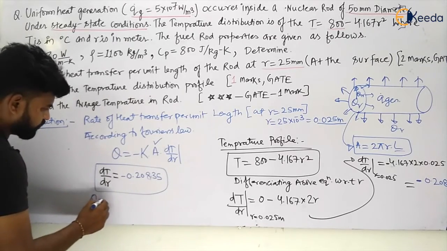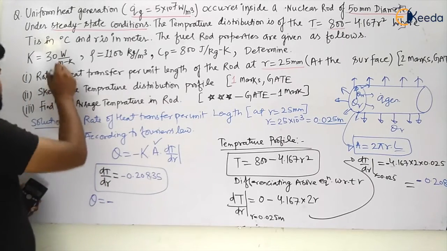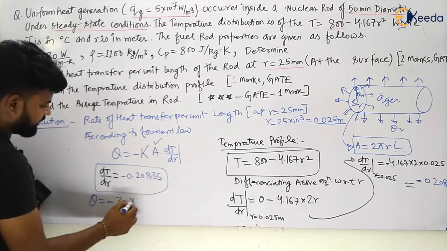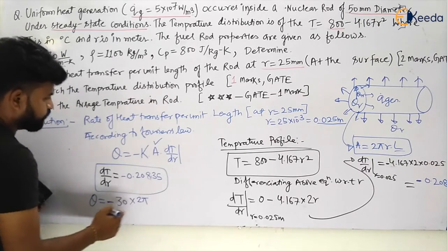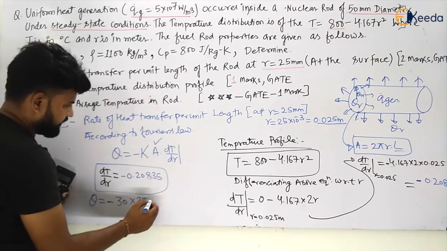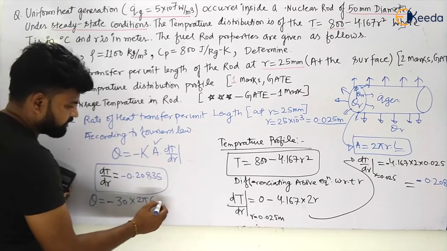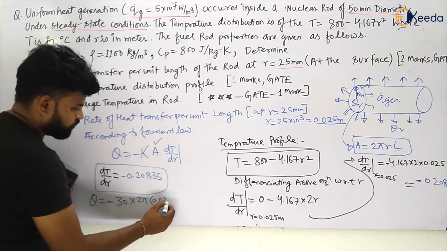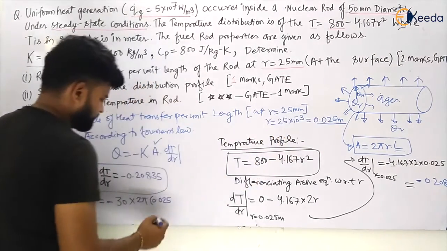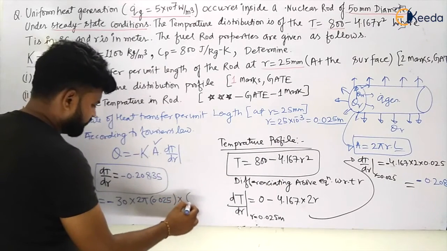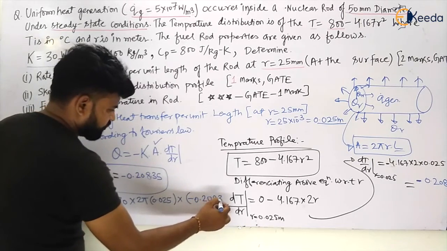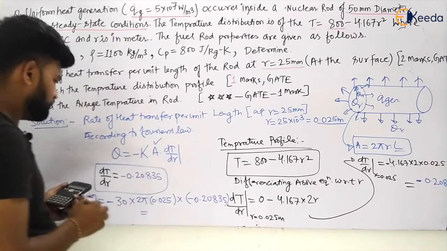Can I have the heat transfer right now? The heat transfer will be equal to minus kappa, the conductivity given is 30 watt per meter Kelvin, multiplied by the area, which is 2 pi r l. The value of r is 0.025 meter, multiplied by dT/dr, which is negative 0.20835.